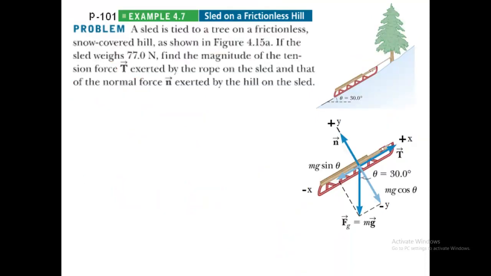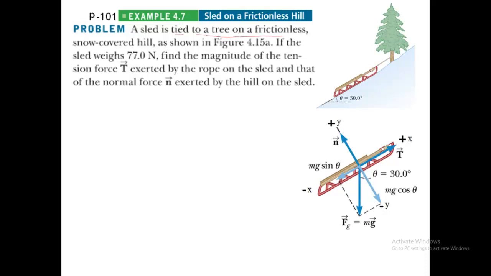Next we are going to use this example. We'll be solving it. Please look how we'll be doing it. First of all, try to understand the physics in this problem. A sled is tied to a tree on a frictionless snow-covered hill, as shown in the figure.